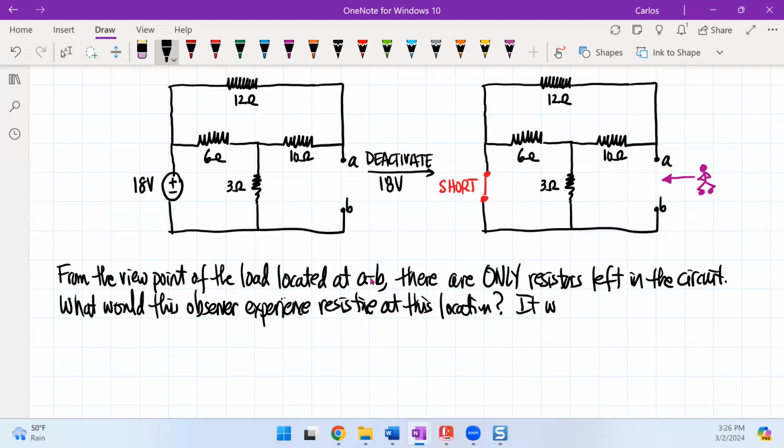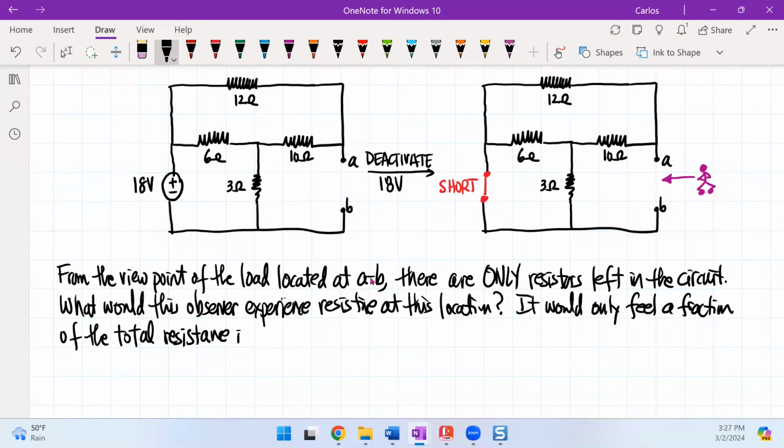It would only feel a fraction of the total resistance in the circuit. It doesn't see all of the resistance.